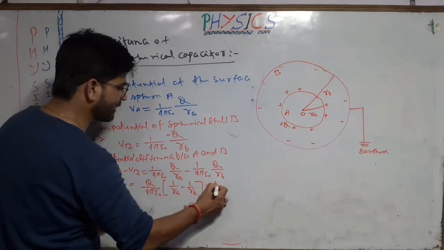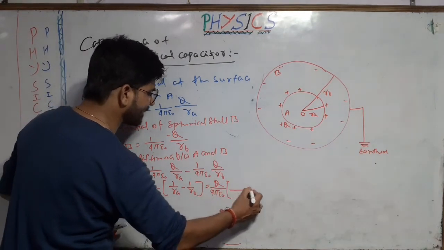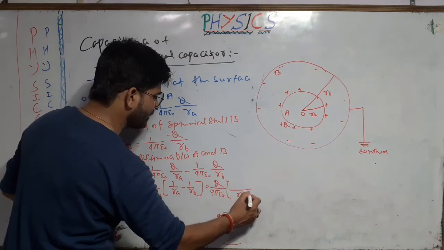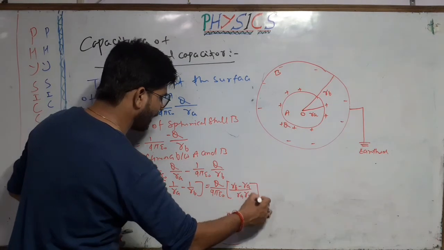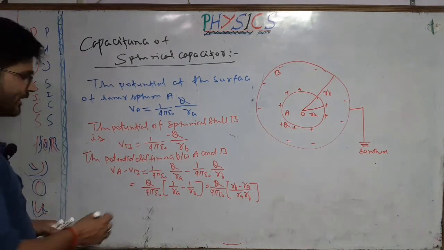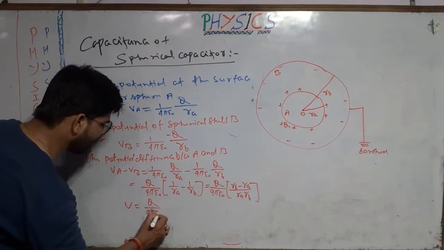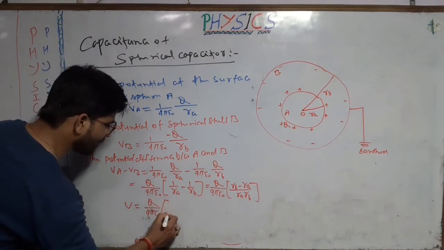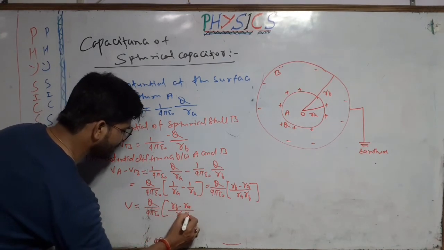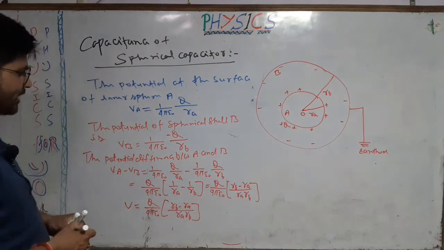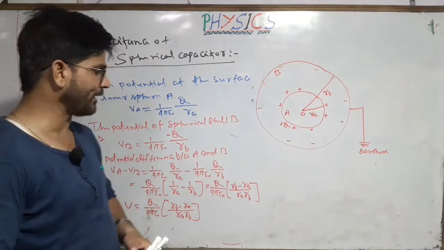By simplifying, Q upon 4 pi epsilon naught, taking the LCM, we have Ra Rb, that is, Rb minus Ra. This V equals Q upon 4 pi epsilon naught in bracket Rb minus Ra, upon Ra Rb. This is the potential difference between the conductors or plates of the spherical capacitor.